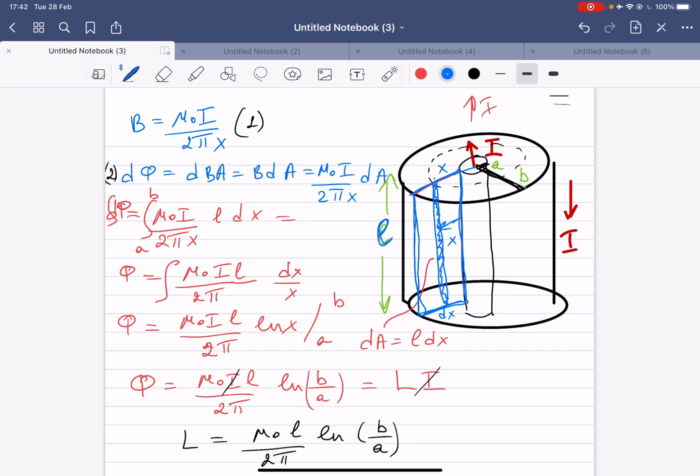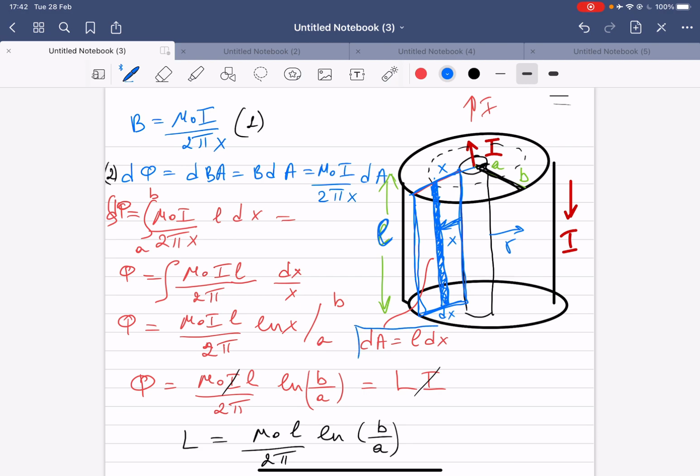So let's say this is a certain distance, r or x, as shown here, and that one will make a very small self-inductance. Okay, and this is your area. Your area will be very small, which is dA.